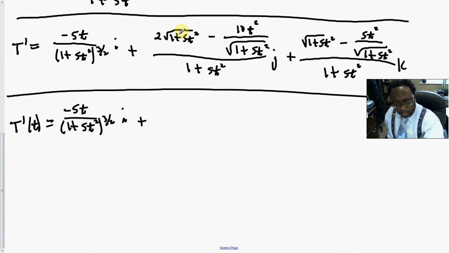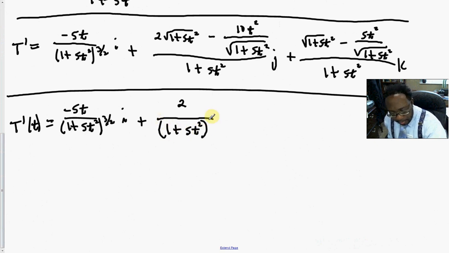Multiply that radical to this and also to its denominator, so we have a common denominator of the square root of 1 plus 5t squared, and then this becomes 2 times 1 plus 5t squared, which is 2 plus 10t squared minus 10t squared. It's just a 2 in the numerator, divided by this denominator times that denominator, which is 1 plus 5t squared to the 3/2 power.